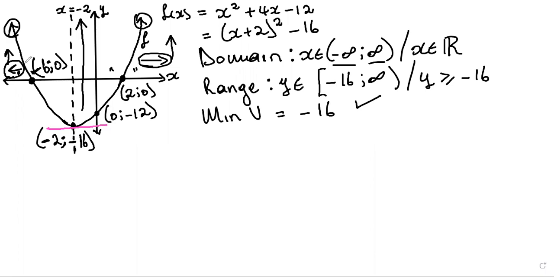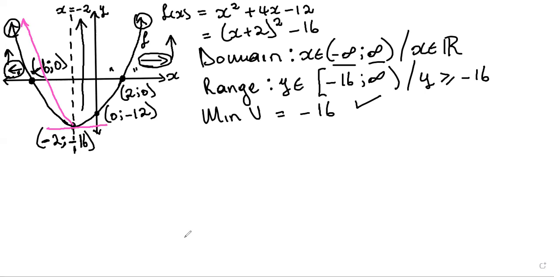So we are looking for the values of x for which the function is increasing. Where is this function increasing? So you're going to look from left all the way to the right. If you come from the left, you can see that the function is decreasing all the way to the turning point. So at the turning point, remember, it's not increasing, it's not decreasing, but it starts to decrease from negative infinity up until the turning point.